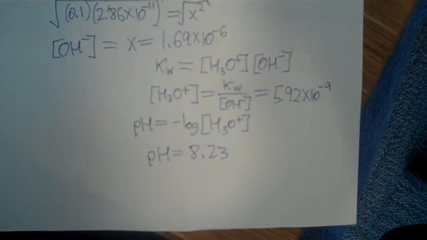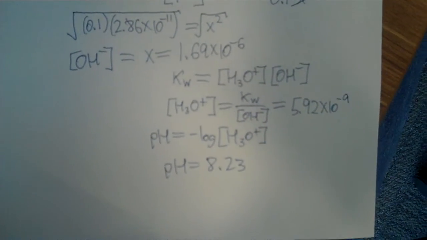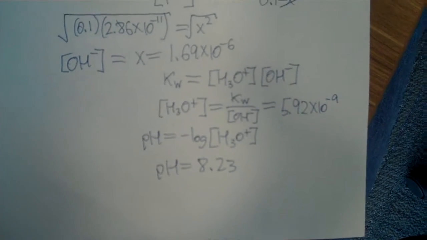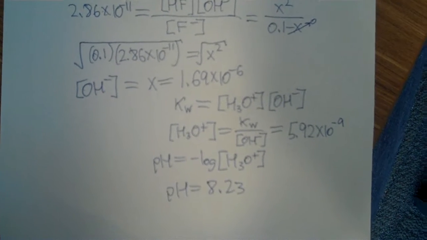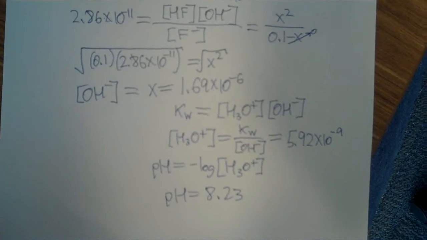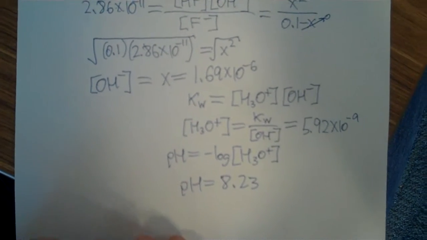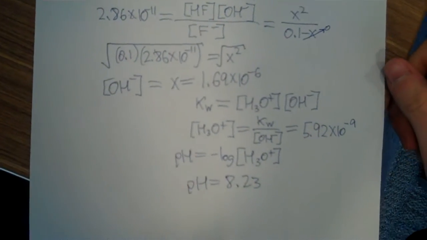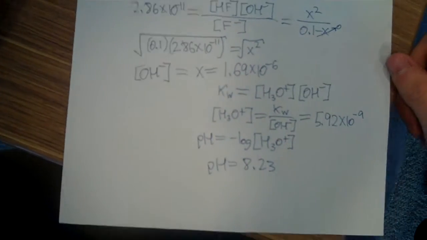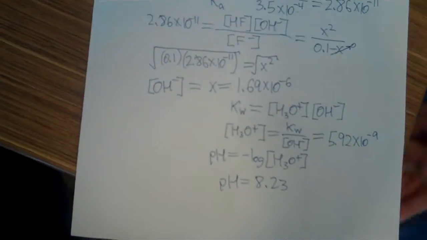Now this is at the equivalence point. We know that since we're using a weak acid and a strong base, the pH will be above 7. It'll be more basic because we did use a strong base. So we can assume that when we add more base, the pH value will be greater than what it is at the equivalence point.